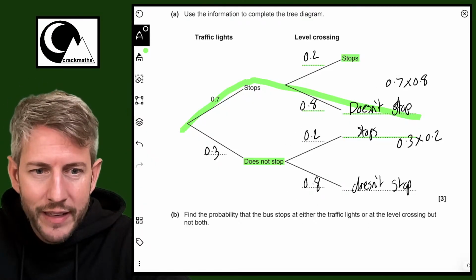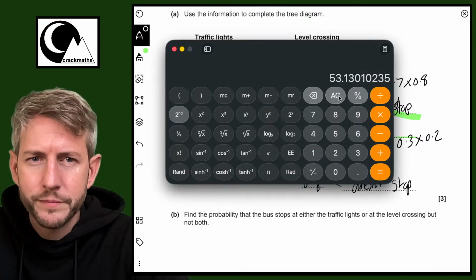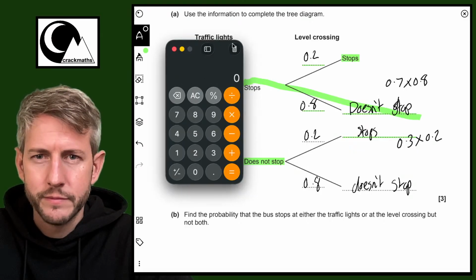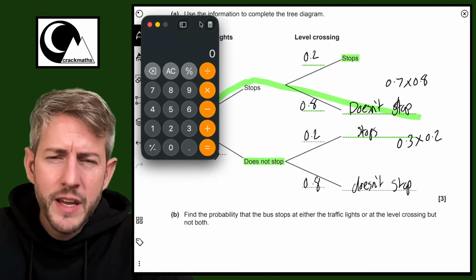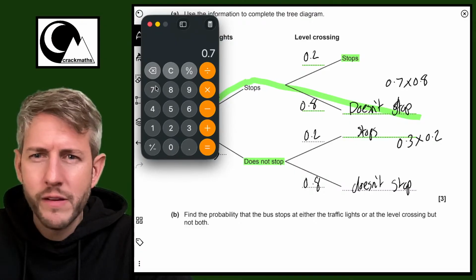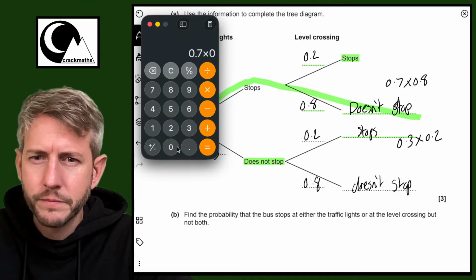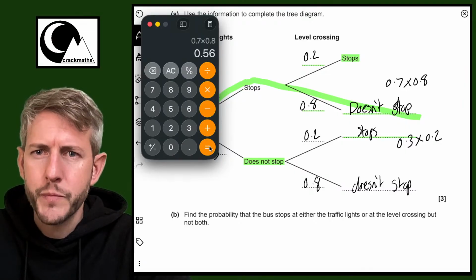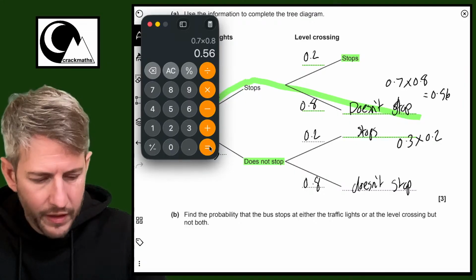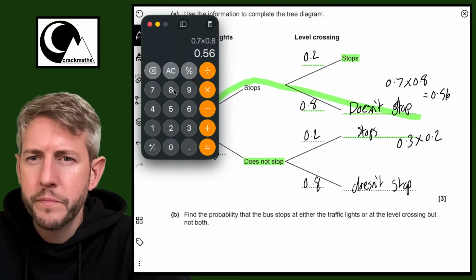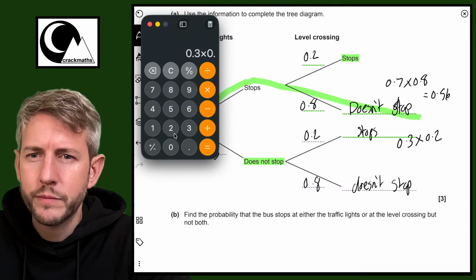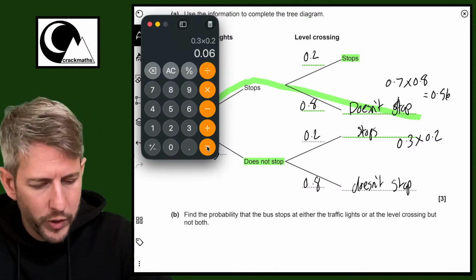Okay, so let's get out the calculator and work these out. Let's just make this a basic calculator again. So here we go. 0.7 times 0.8. So this bit gives us 0.56. And then 0.3 times 0.2 is 0.06.